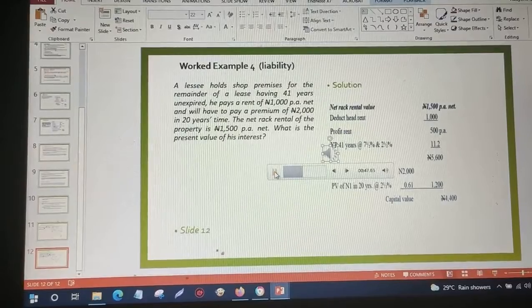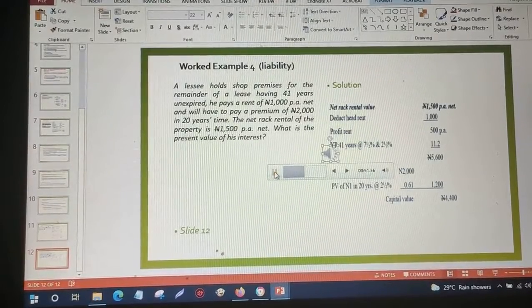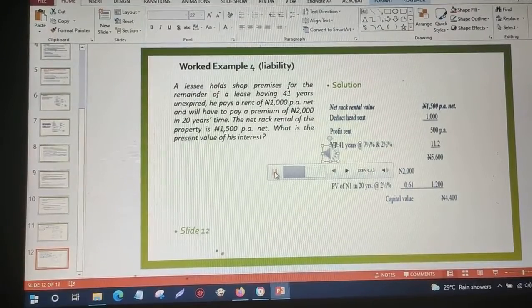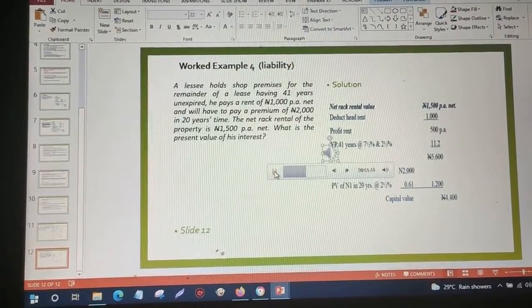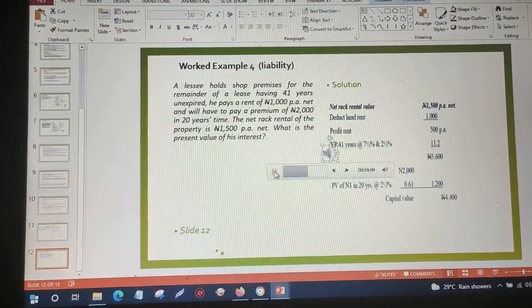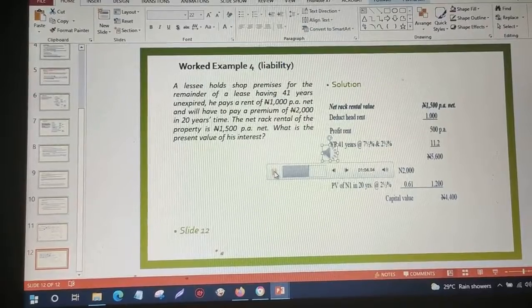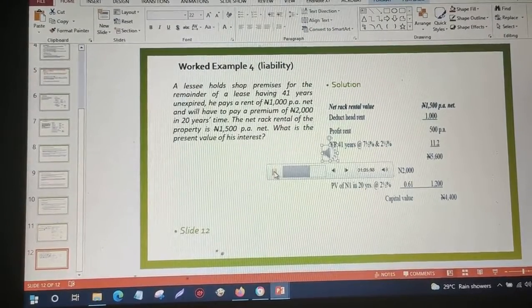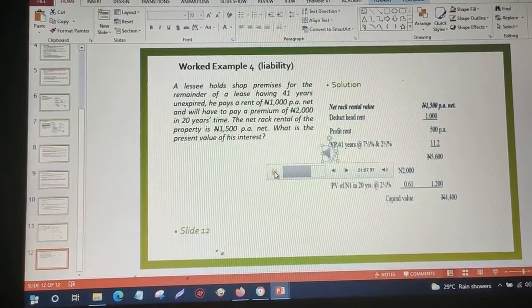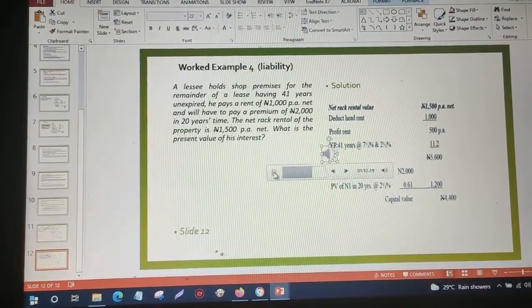Then less the premium which he has to pay. It is not an expenditure, premium is a liability. Premium is a liability, so you now defer it, and 0.61, which is 1,002, and capital value will be this.